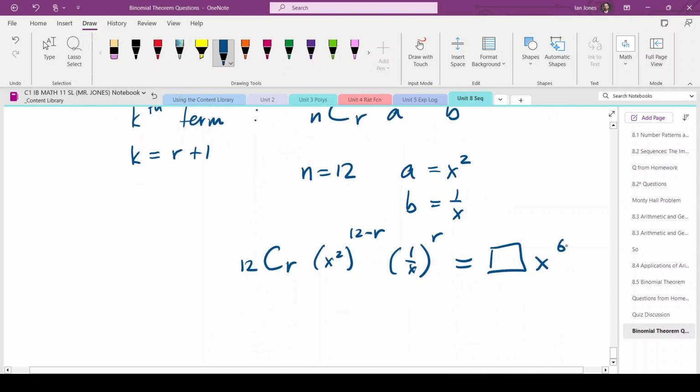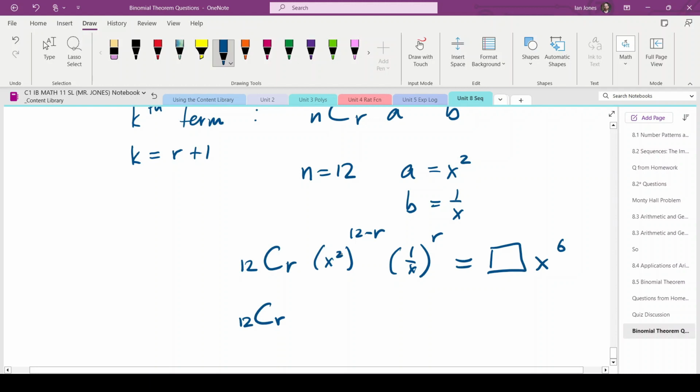Make sure that it's x to the 6th. Now we can simplify this a little bit. 12 choose r is going to be some constant. I don't know what it is, and to be honest, it doesn't really matter. So I'm going to have some constant here. I'll just still call it 12 choose r.